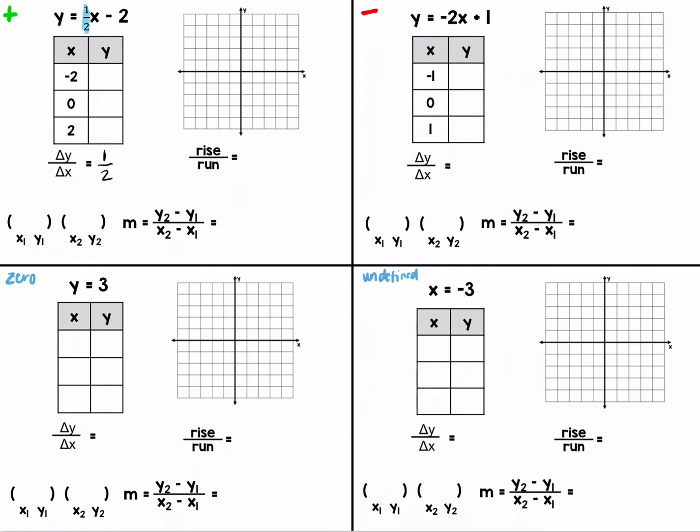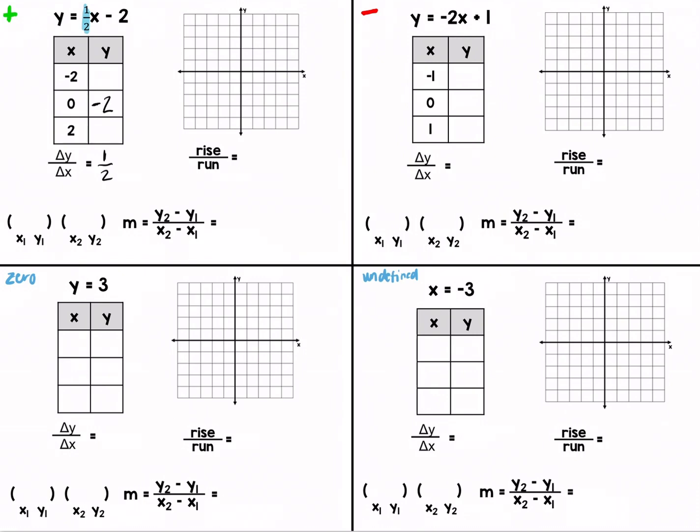Then I also know that the y-intercept is right here. That's y equals mx plus b. That was from last year. So -2 is my y-intercept, so that's going to be -2 right here.